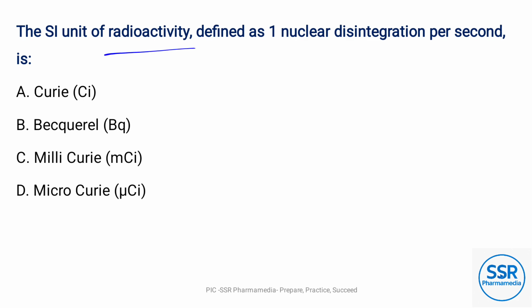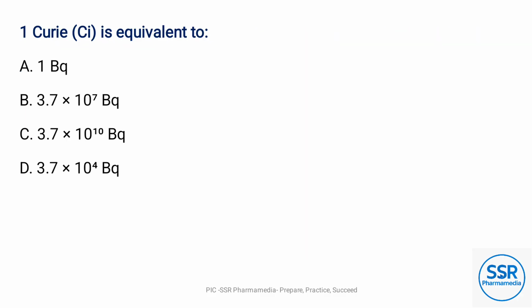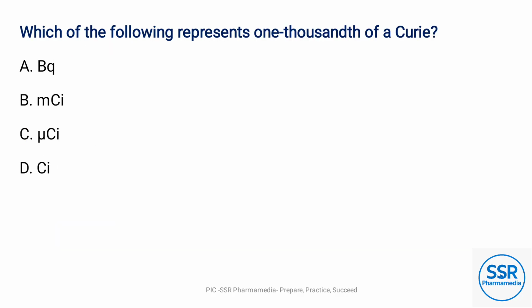The SI unit of radioactivity, defined as 1 nuclear disintegration per second, is option B, becquerel. Bq is the symbol. One curie is equivalent to, option C, 3.7 x 10^10 becquerel.